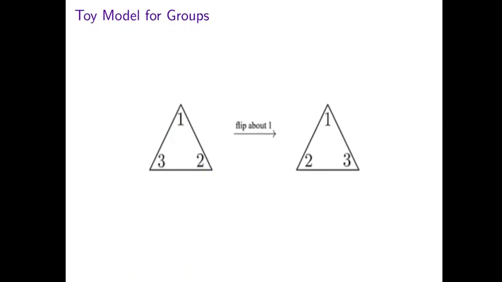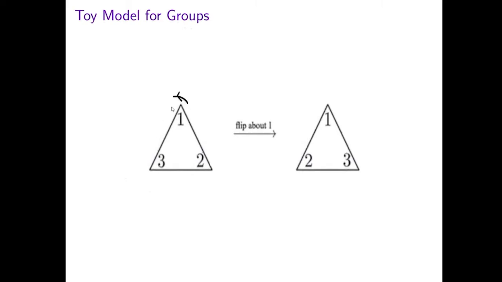So what is a group? We will start with a toy model. This is a triangle, and I've labeled it 1, 2, 3. There are obviously different types of actions I can do.